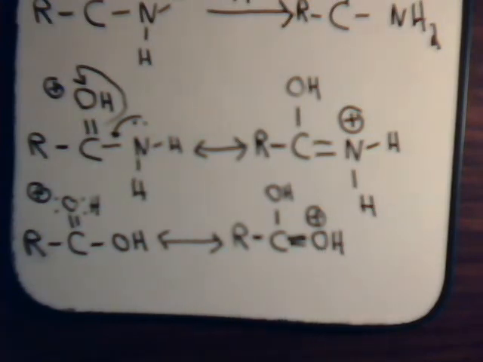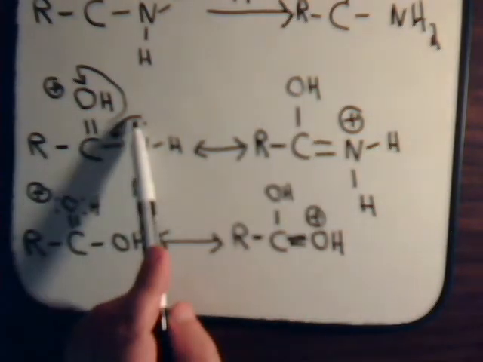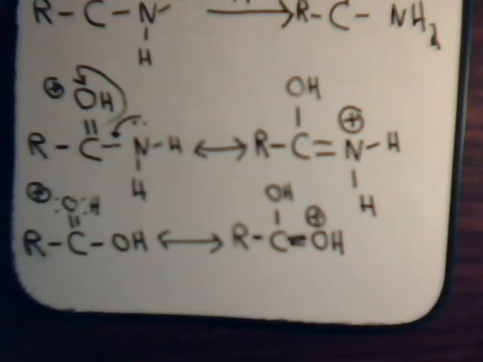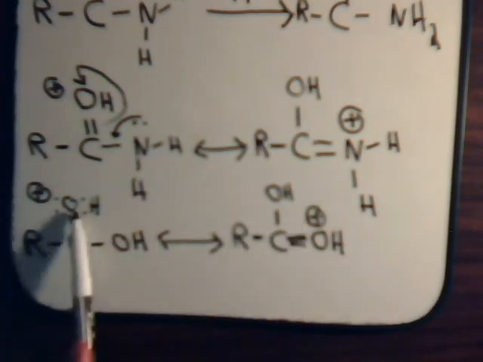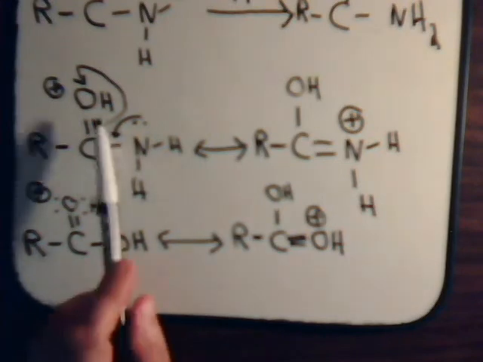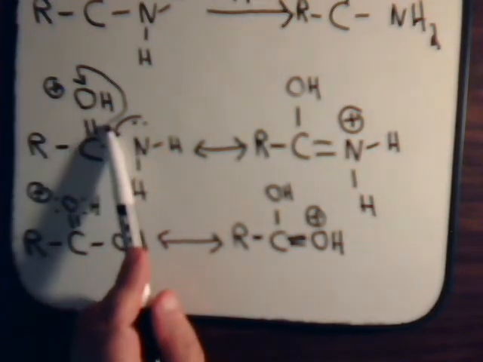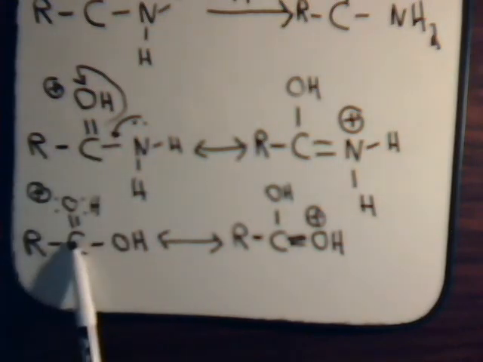So what we're trying to say here is that the resonance system of a protonated amide is better than the resonance system of a protonated carboxylic acid. So if we consider the basic properties or the basicity of carbonyl groups, then this is more basic than the carbonyl oxygen of a carboxylic acid.